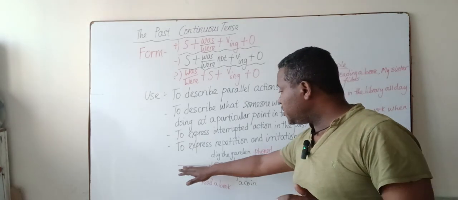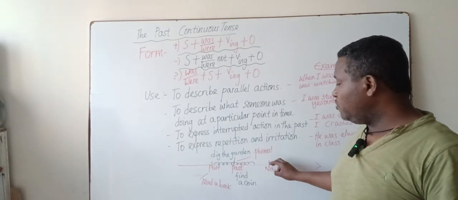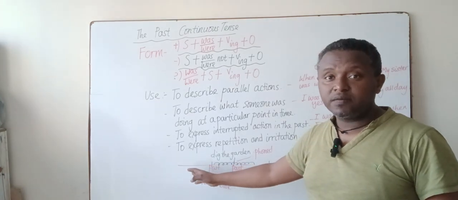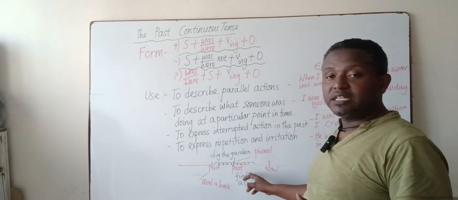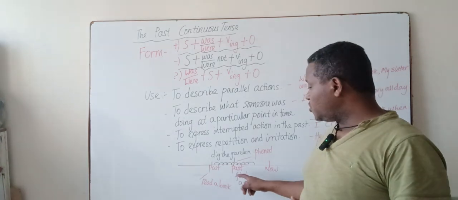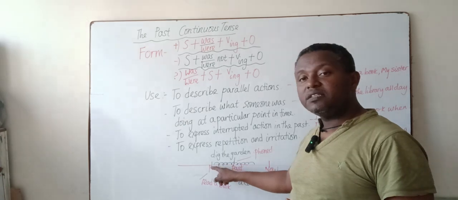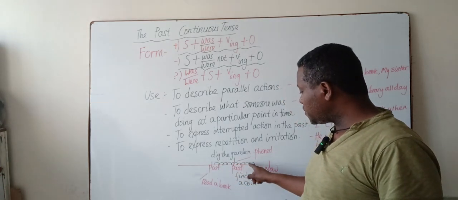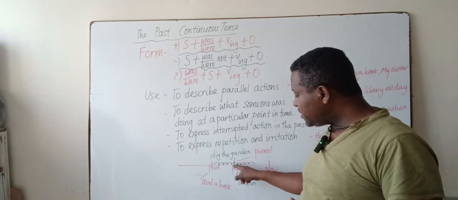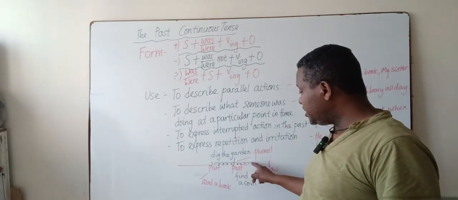So generally, look at this timeline. In a timeline, this is now and this is the past, right? In the past, there are a series of past actions that we had in life. For example, this action started here at this point and it was still in process even after the interruption. After the interruption, it continued.